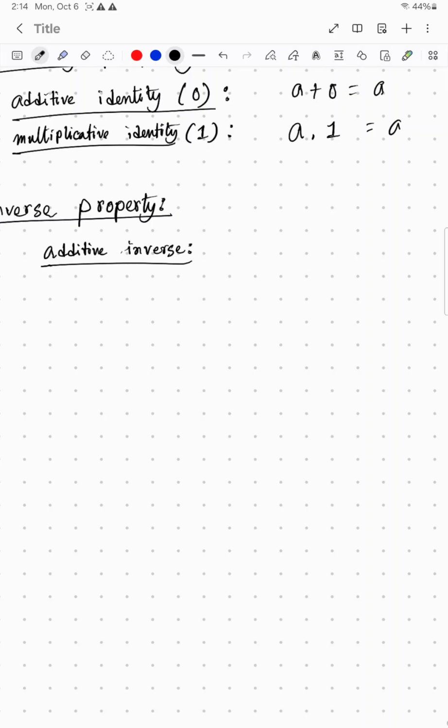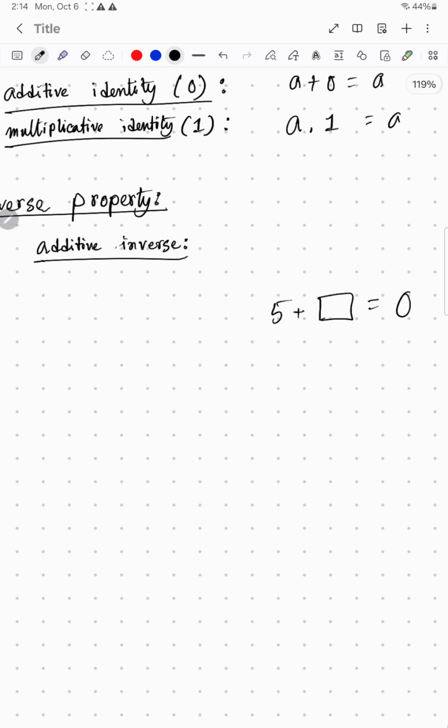For example, let's say you have 5. What is that number when you add it to 5 and you get 0, because 0 is our additive identity? Similarly, for the multiplicative inverse, what is that number when you multiply with 5, you get the multiplicative identity 1?